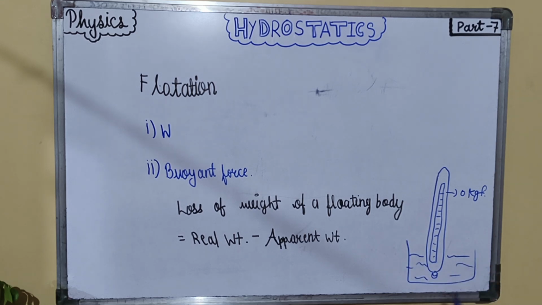This is water. This is the figure. Now, what is the reading of the spring balance? Answer is that a spring balance measures the weight of a body, but a floating body is a weightless body, and hence the spring balance reading is 0.